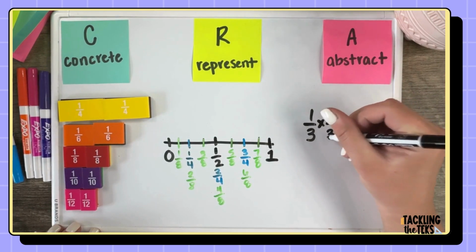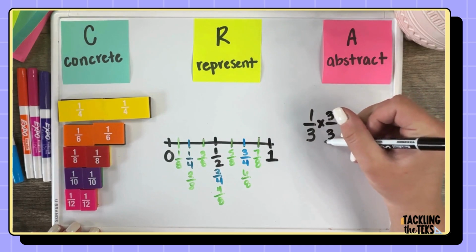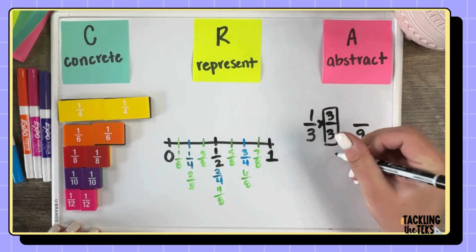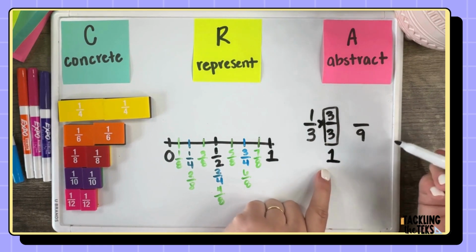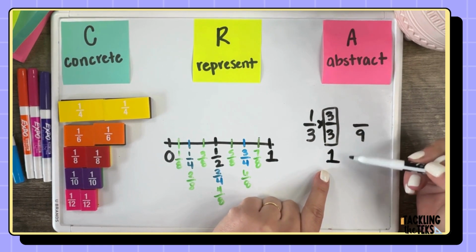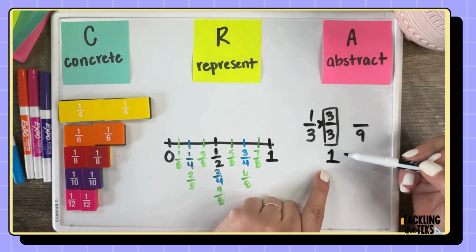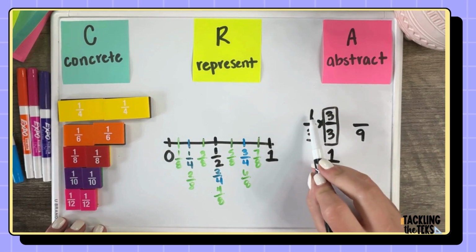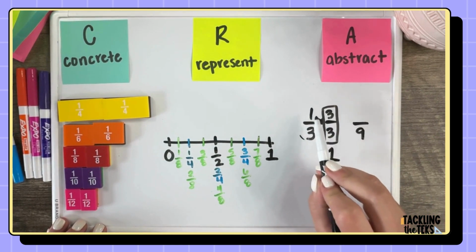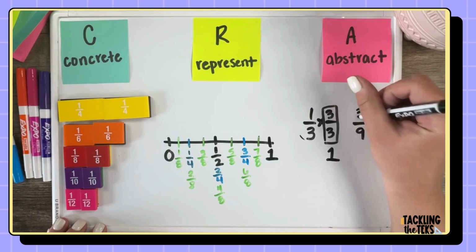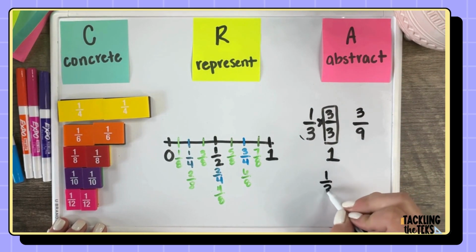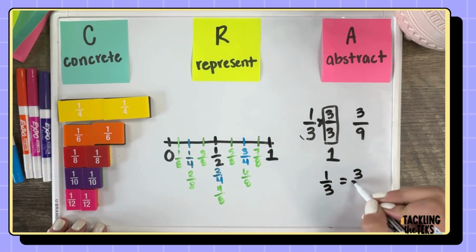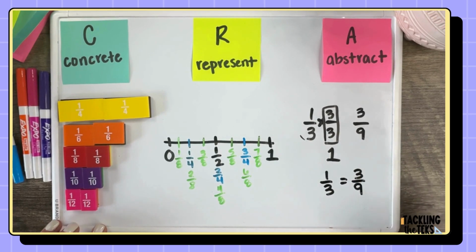If I were to multiply by 3/3, again, this 3/3 is 1. And when I'm multiplying by 1, the value of my fraction is not changing due to the identity property. So 1 times 3 is 3, 3 times 3 is 9. Therefore, 1/3 is equivalent to 3/9.